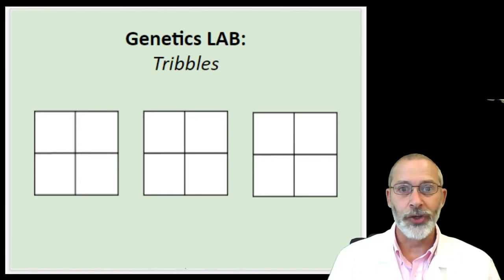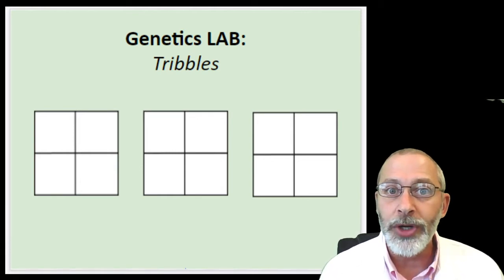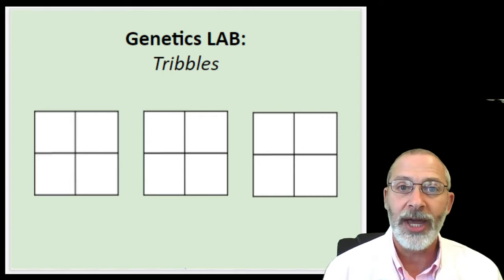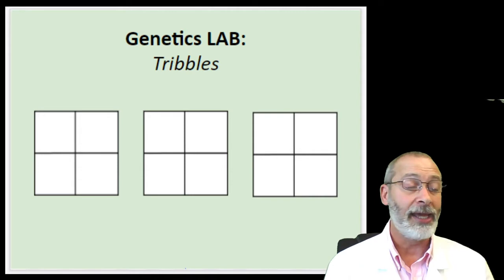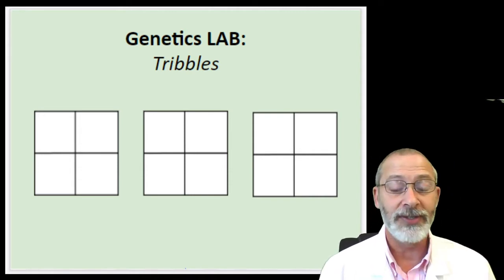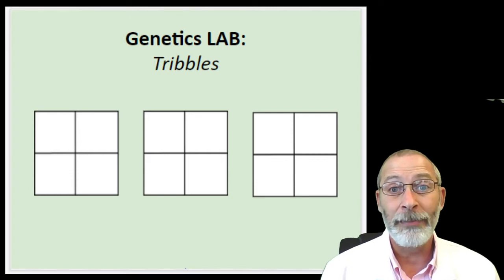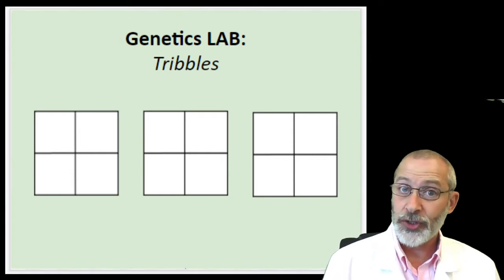All right, it certainly helped in your understanding of the vocabulary words phenotype and genotype in order to come up with a hypothesis for your lab today. And hopefully you've come up with a good hypothesis. So now it's time for me to take out a couple of critters.